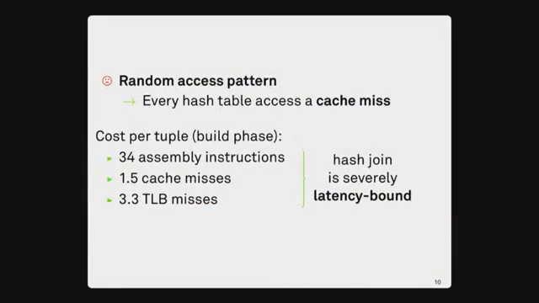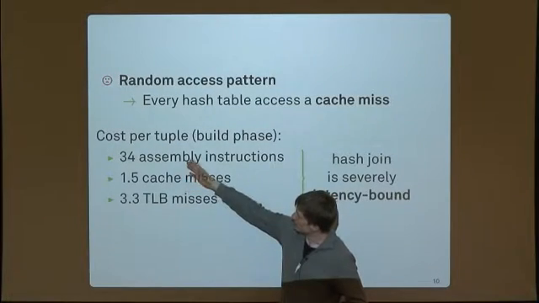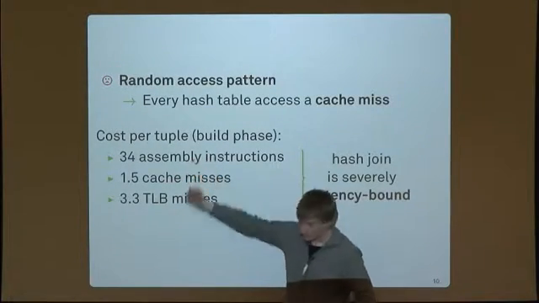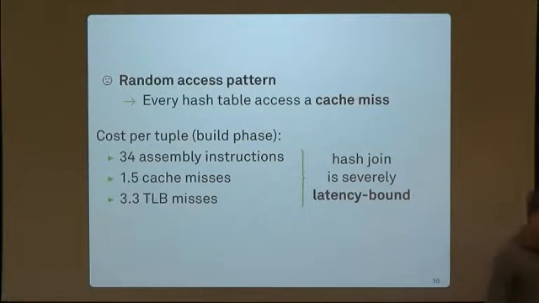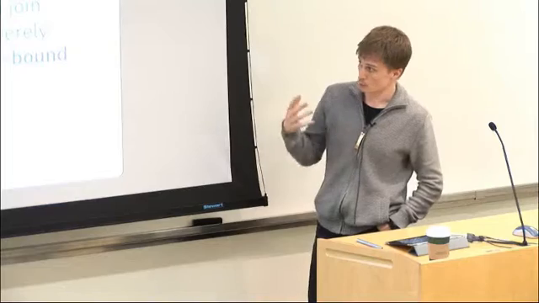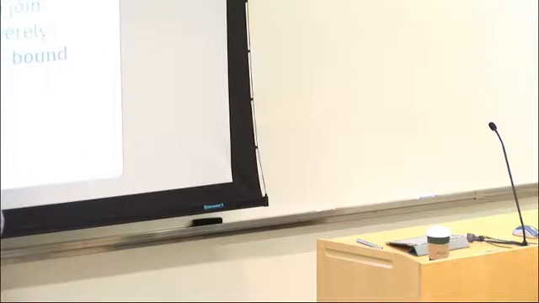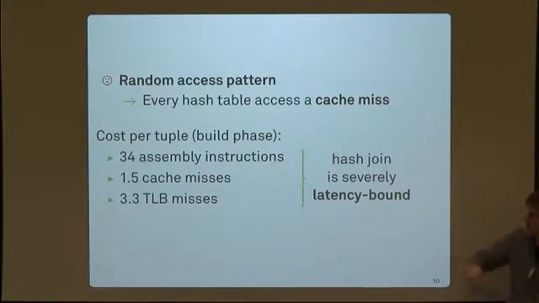Okay. So either way, what you end up with is in the order of 30 CPU cycles of work to do, and at the same time, you need to do 1.5 memory accesses plus a bunch of TLB misses that you'll suffer.